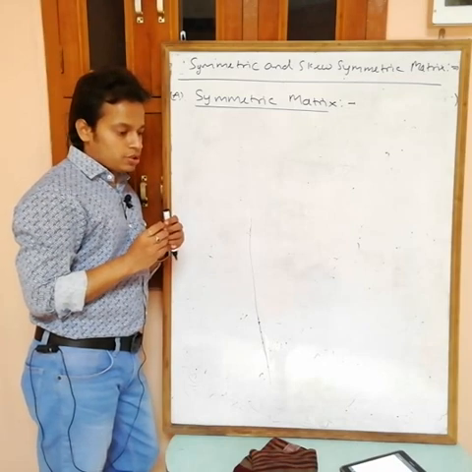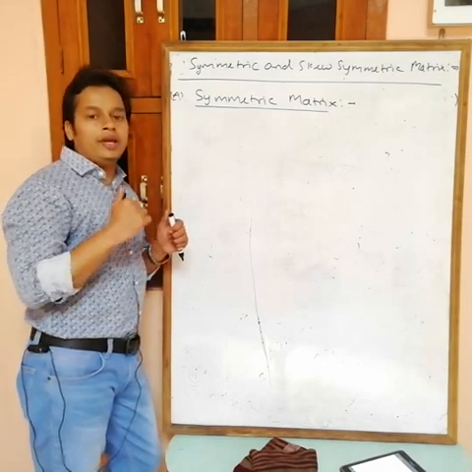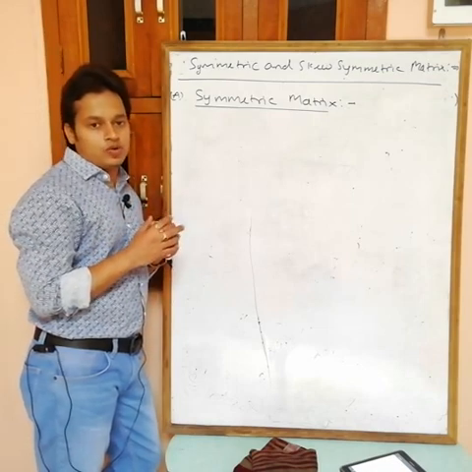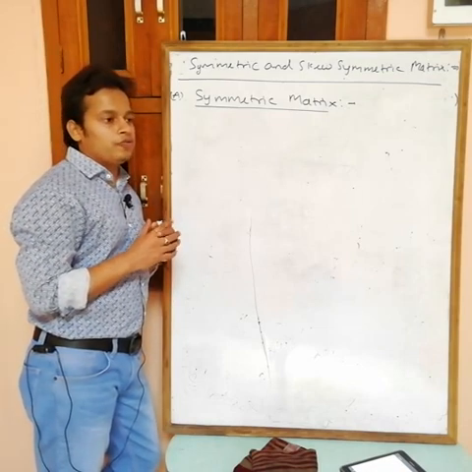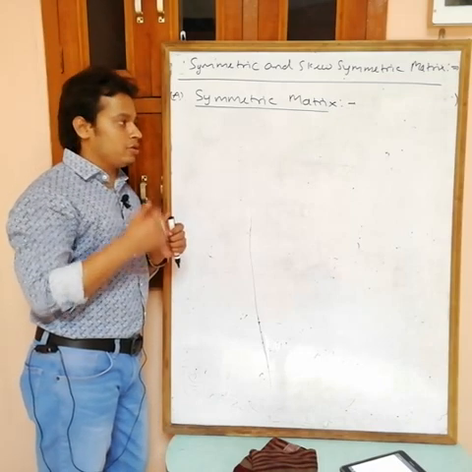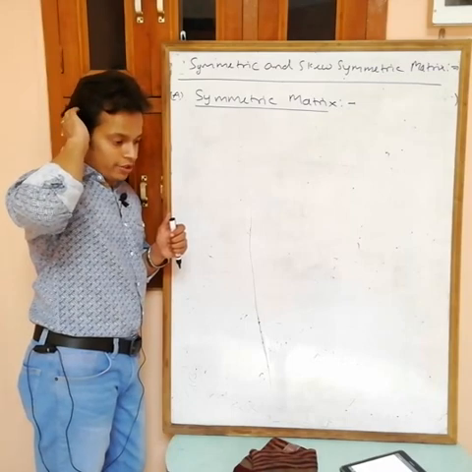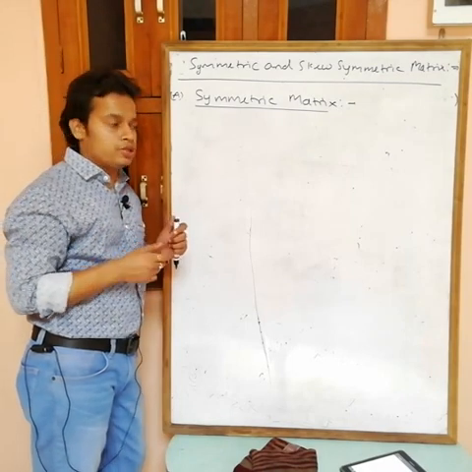The first thing to remember is that symmetric and skew symmetric matrices exist only in the case of square matrices. You can check whether a matrix is symmetric or skew symmetric only for a square matrix. If a matrix is not a square matrix, then it can't be symmetric or skew symmetric.